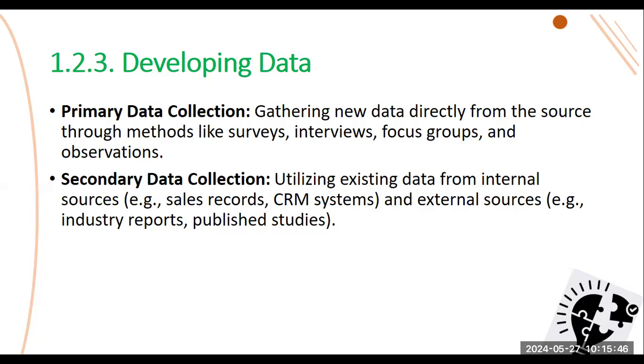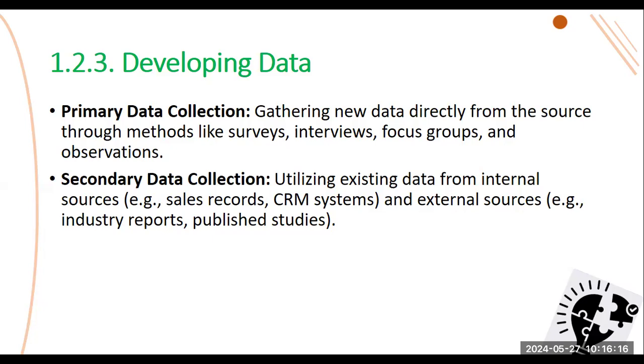And another one, external sources of secondary data, normally central bank reports, census reports like that. Economists studying market trends might use data from industry reports, government publications, academic studies. For example, they could reference a published report on consumer spending habits from a reputable market research firm to support the analysis.